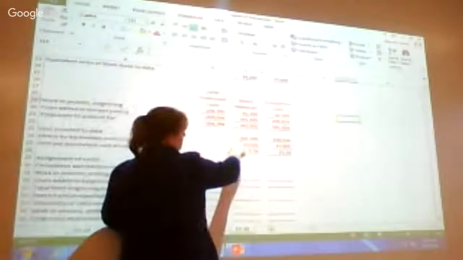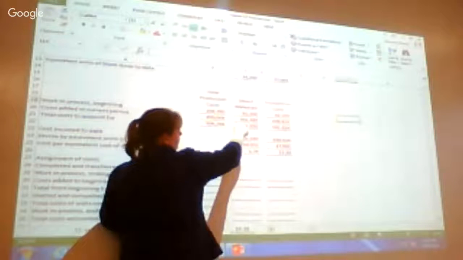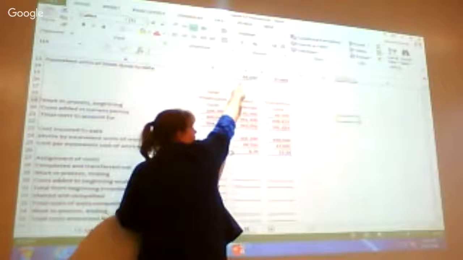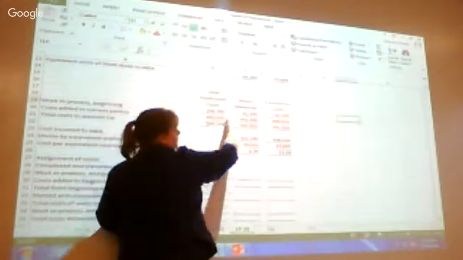For first in, first out, you have $8.74 and $13.24. Cost per unit. So I'm going to take 301,380 divided by the 34.5, which is what I got from the equivalent units up here. And then the 498, which is what we added, divided by the equivalent units, is the $13.24.